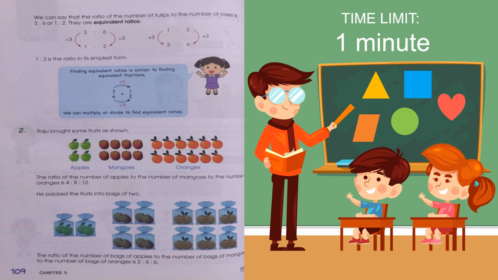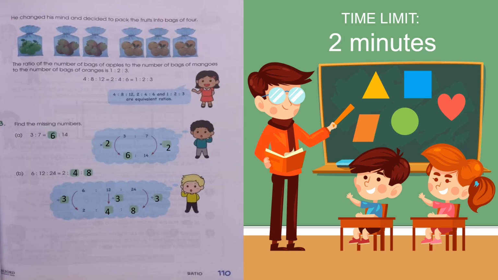So the ratio of the number of bags of apples to the number of bags of mangoes to the number of bags of oranges is 2:4:6. Now Raju has changed his mind and decided to pack the fruits into bags of 4. Now the ratio of the number of bags of apples to the number of bags of mangoes to the number of bags of oranges is 1:2:3.